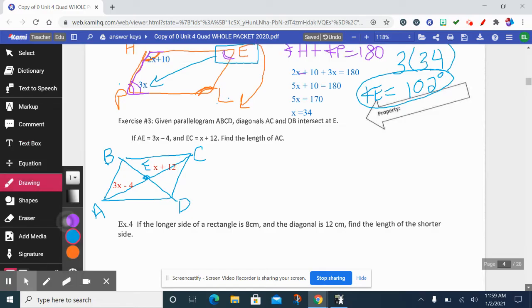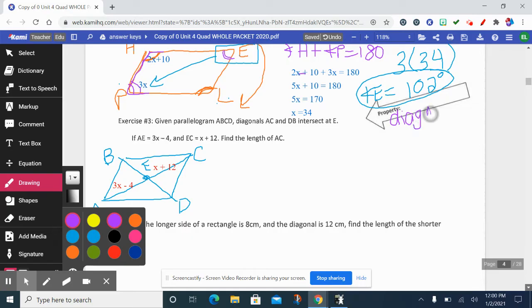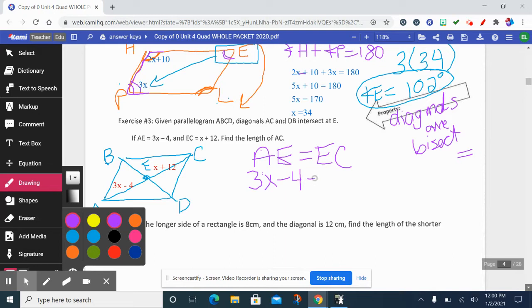So here we know diagonals are bisected, meaning they're cut into 2 equal sections. So we can conclude that AE equals EC. So 3x minus 4 equals x plus 12. We're going to subtract our x over, we get 2x. Add our 4 over, we get 16, making x 8.